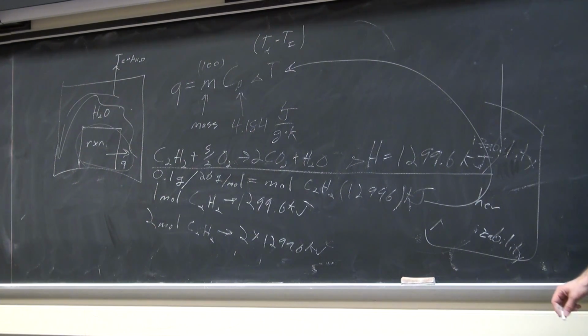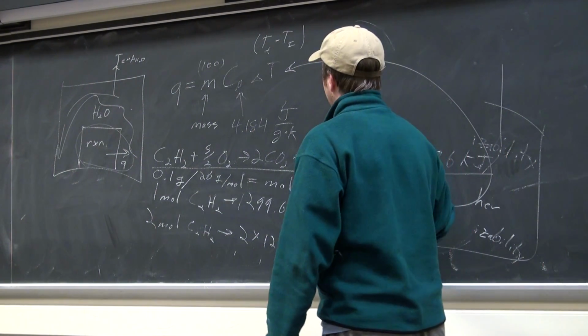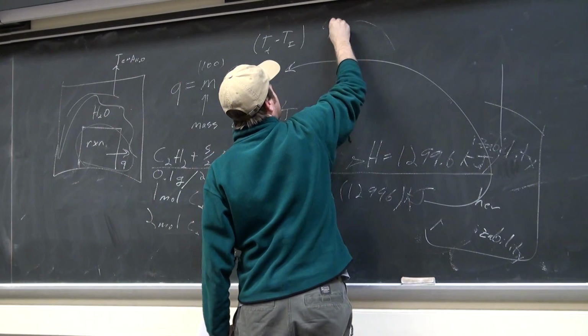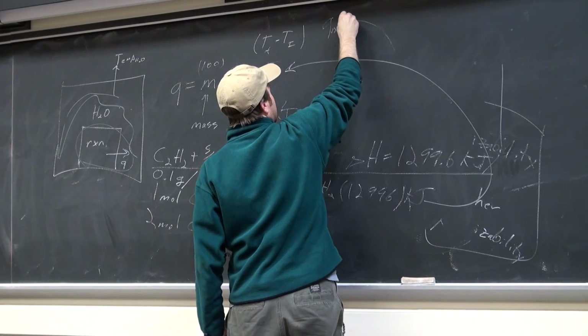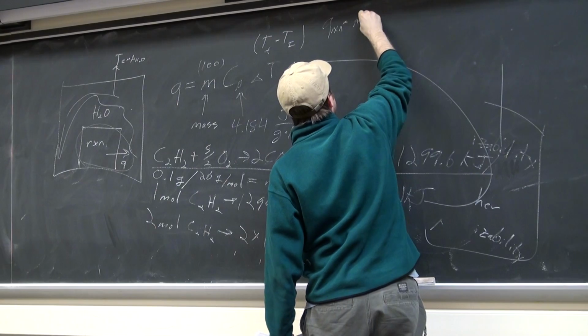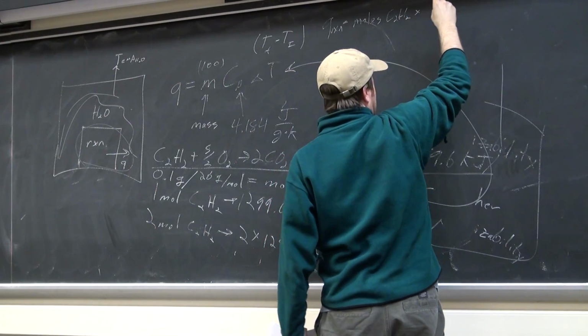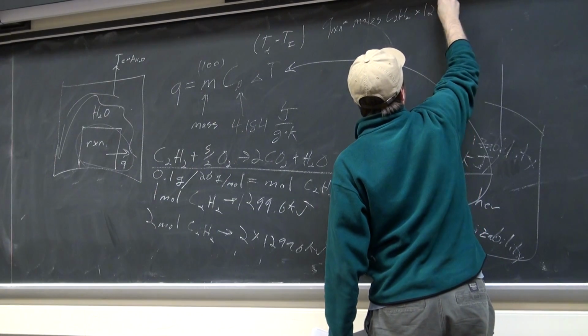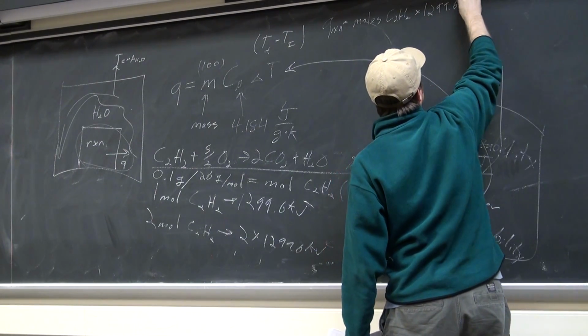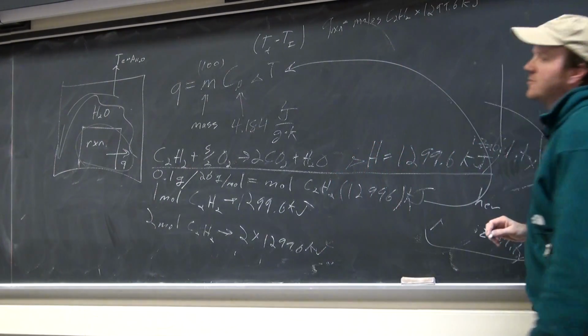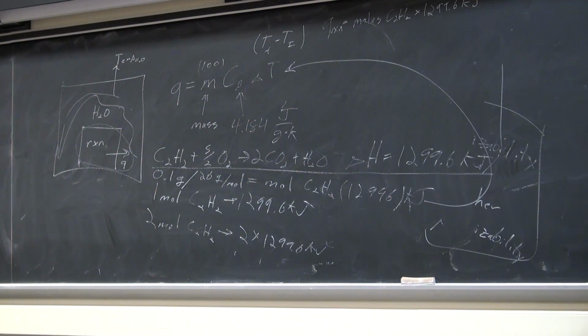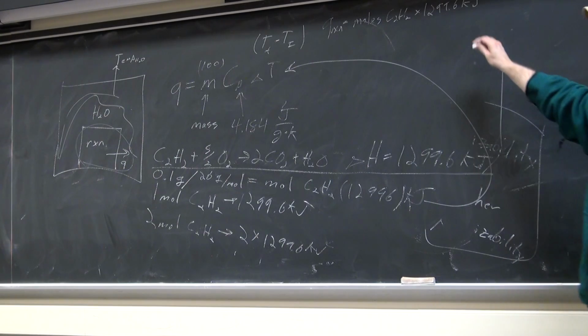Q of the reaction is moles of C2H2 times 12,999.6 kilojoules. Okay, so all that calculation right there is to find your Q value. That's to find the Q of the reaction.